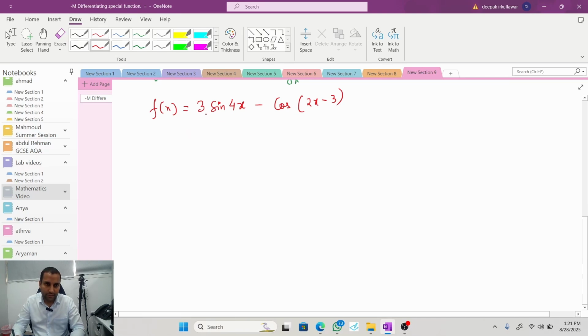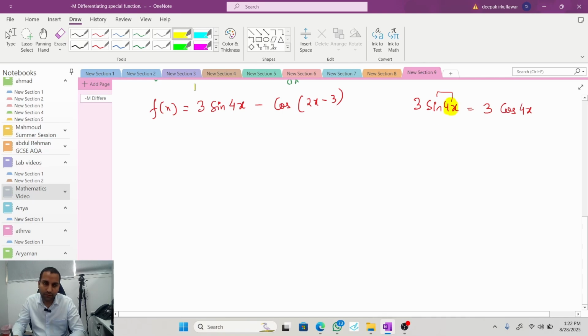Initially, I will always suggest to my students, write the terms separately. So 3 sine 4x. You can write 3 as it is. What is the differentiation of sine 4x? Differentiation of sine is cos, so this will become cos 4x, and with cos you have this 4x.